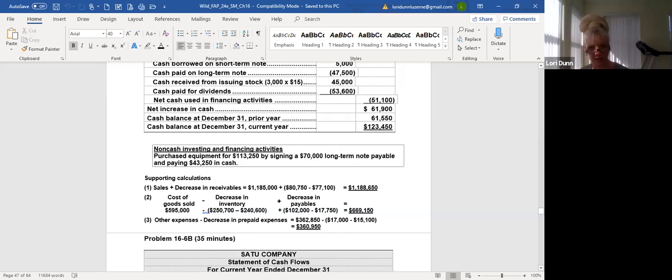All their sales are on account, are on credit. So they don't have any cash sales. All credits to accounts receivable are from customers paying. All purchases of inventory are on credit, so they never pay cash for them. And all debits to accounts payable are for actual cash payments of inventory.